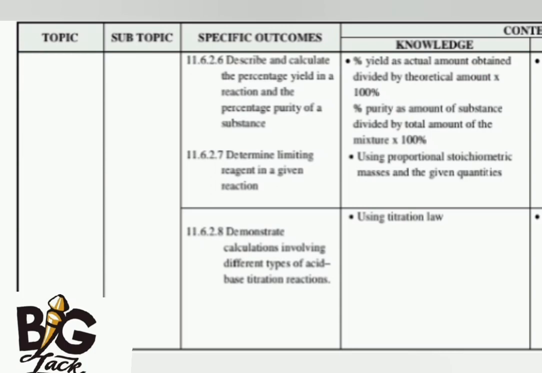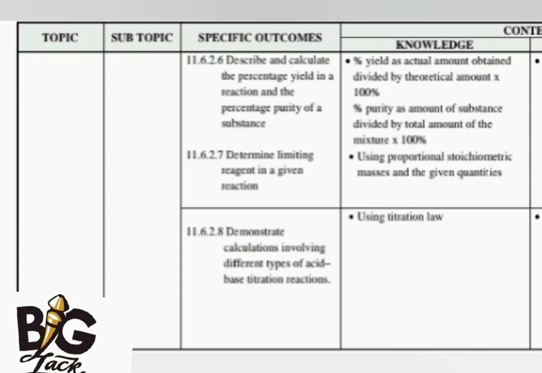The percentage yield is equal to the actual amount obtained divided by the theoretical yield. The theoretical yield you get from the calculations.